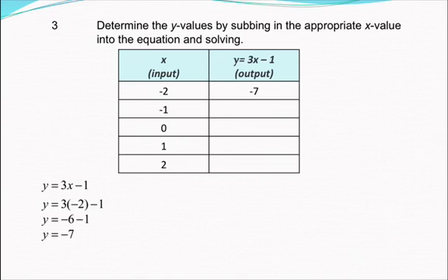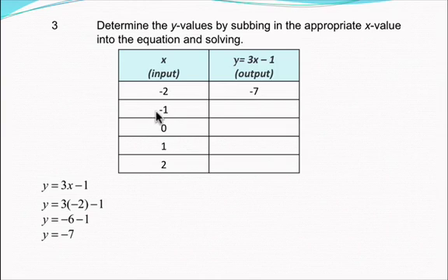So we put that value into our table of values. When x is -2, y is -7, or our output is 3 times our input minus 1. So 3 times -2 is -6, take away 1 is -7.